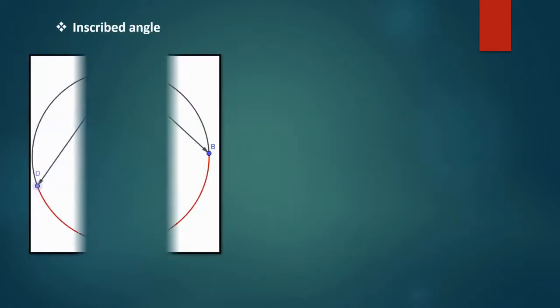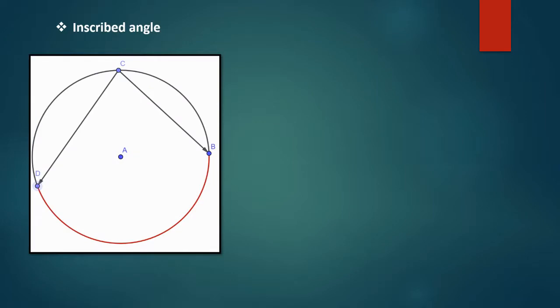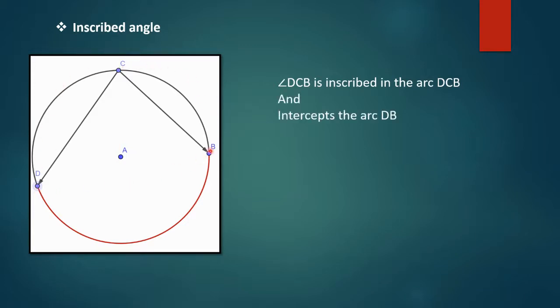Inscribed angle. Let us understand the definition of inscribed angle with the following figure. In the figure, we can see that angle DCB is inscribed in the arc DCB and it intercepts the arc DB. The red portion is called the intercepted arc.